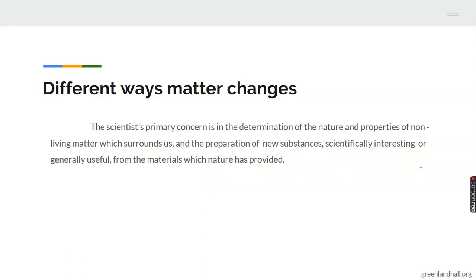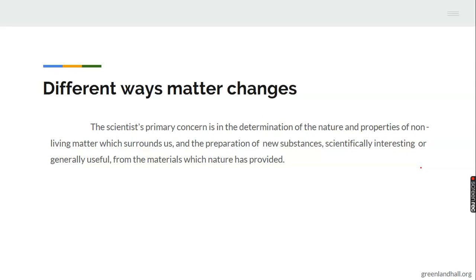So with the help of scientists, they were able to determine the nature and properties of non-living material, which is matter. Under matter we have living and non-living.